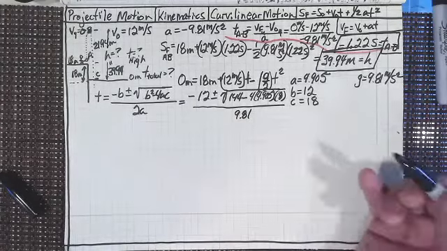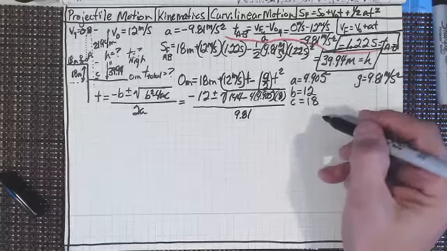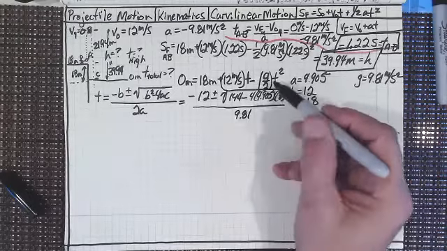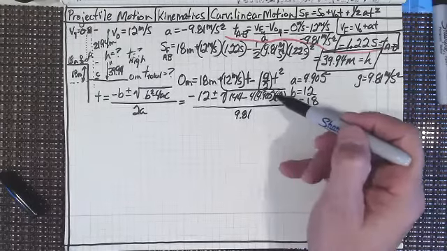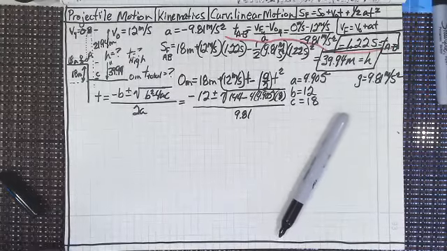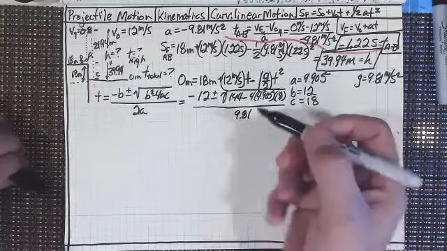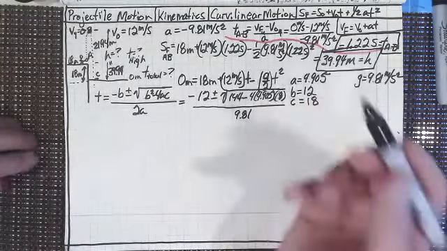Now, I'm just going to simplify this a little bit for you. 144 minus 4 times, let me just give you a value for that so that we can analyze this together. 4 times 4.905 times 18 is 356.4.